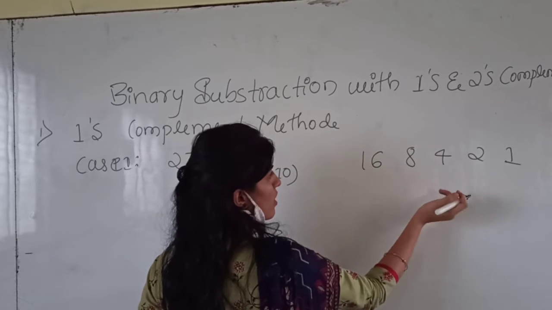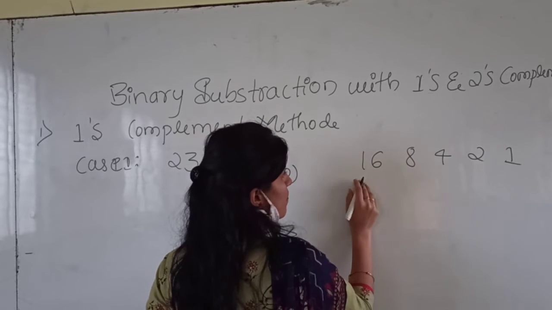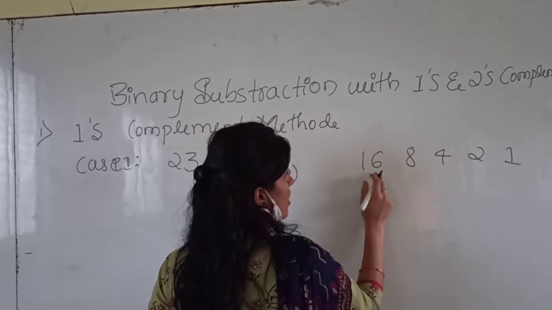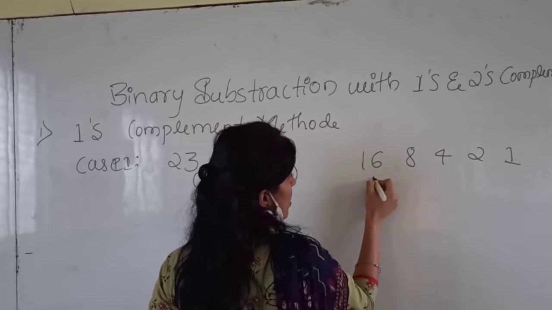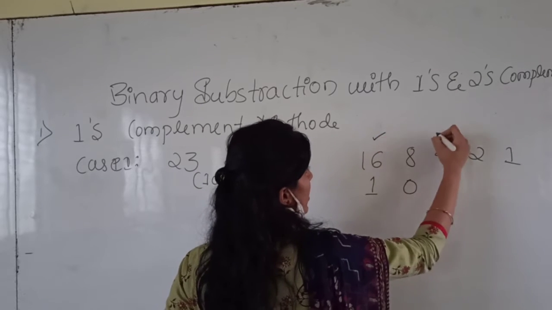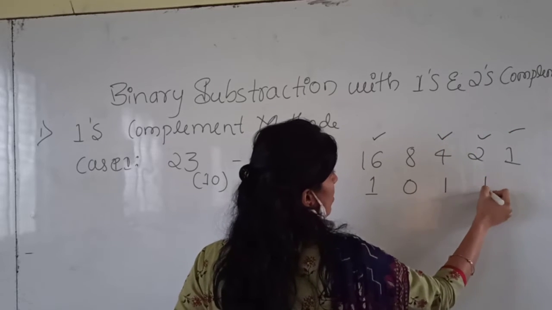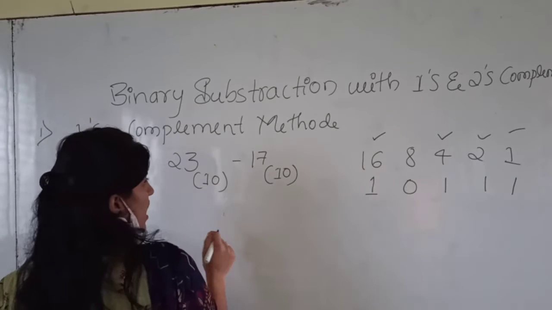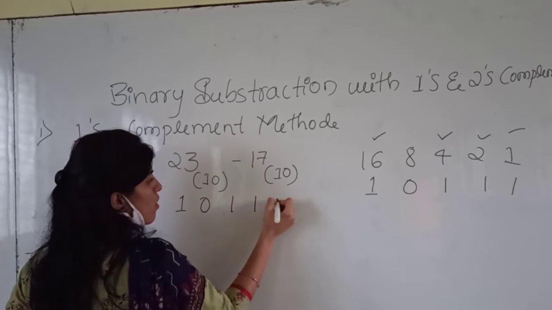16 plus 4 becomes 20, plus 2 and 1 becomes 23. 16 plus 8 is 24. Hence 1 0 0 0 0 is 16, plus 8 is 24. The binary equivalent of 24 is 1 1 0 0 0.